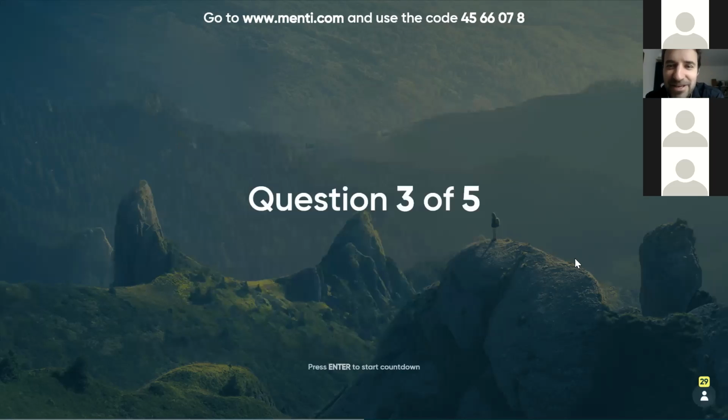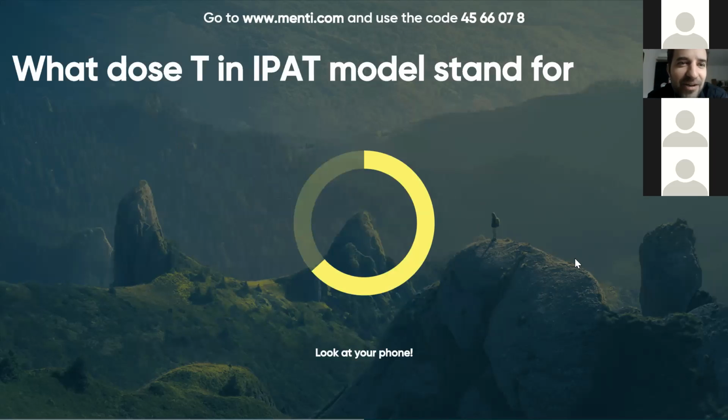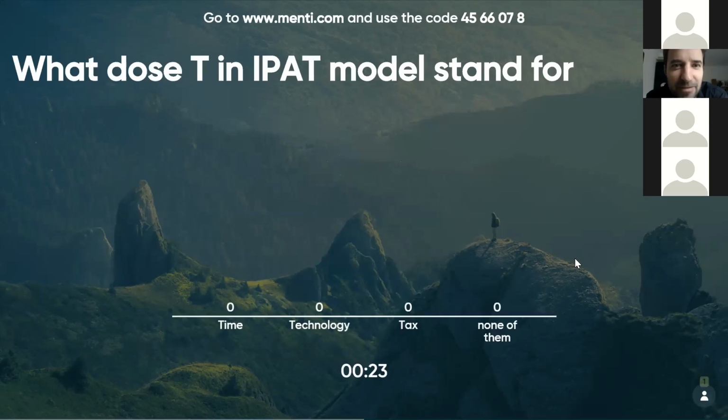So question 3 out of 5. I think I need a short break to get a coffee. Okay, what does T in the IPAT model stand for? So we had P, which was already the population. A was the affluence, the economic output, and T was time, technology, tax. One of those 3.